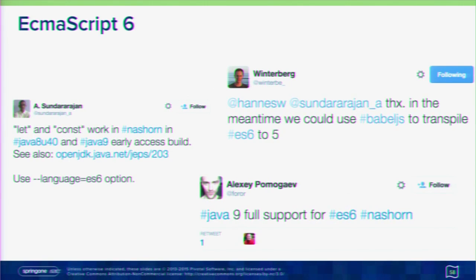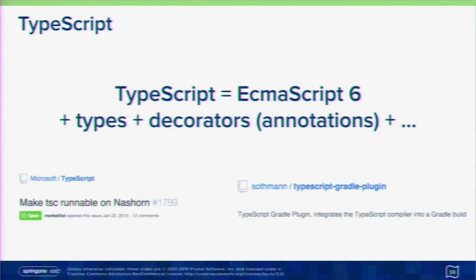I have seen this tweet retweeted by the Nashorn project lead, so I assume this guy doesn't say some bullshit. And as noticed by Benjamin Winterberg, you can already use Babel.js to transpile your EcmaScript 6 code to EcmaScript 5, which will be natively understood by Nashorn. So by using a transpiler, you can do that today.